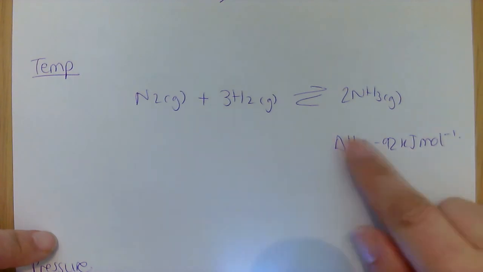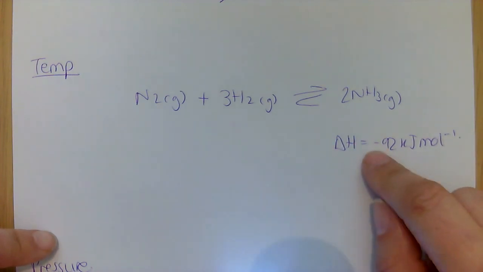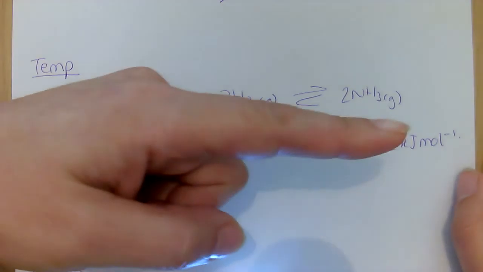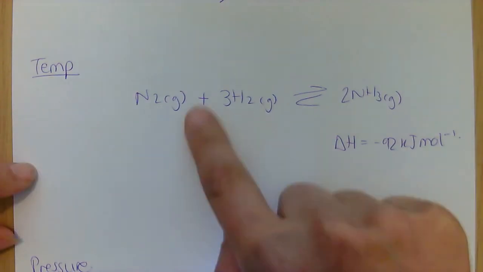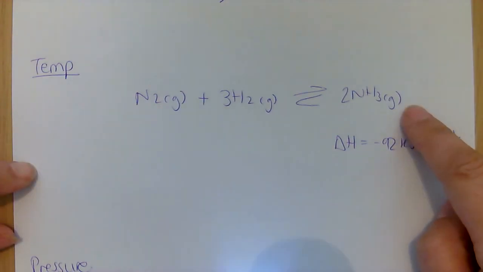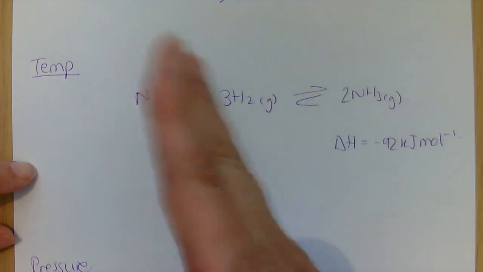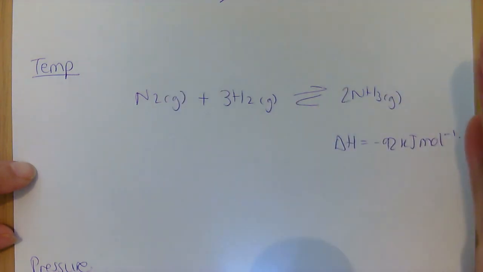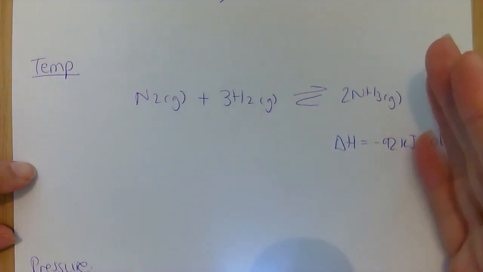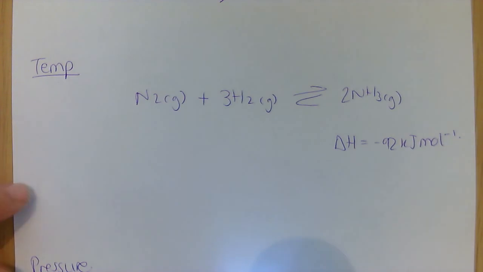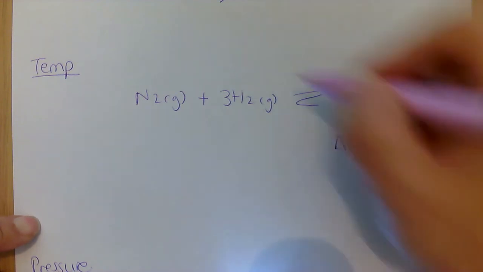If this reaction here had got a positive number telling me it was endothermic in this direction, so the temperature decreased in this direction, if I then increased the temperature, equilibrium would move further over this way into the endothermic direction. What it might be worth you doing if you get a question like this in the exam and you're struggling to visualise it is write endo and exothermic on your graph.